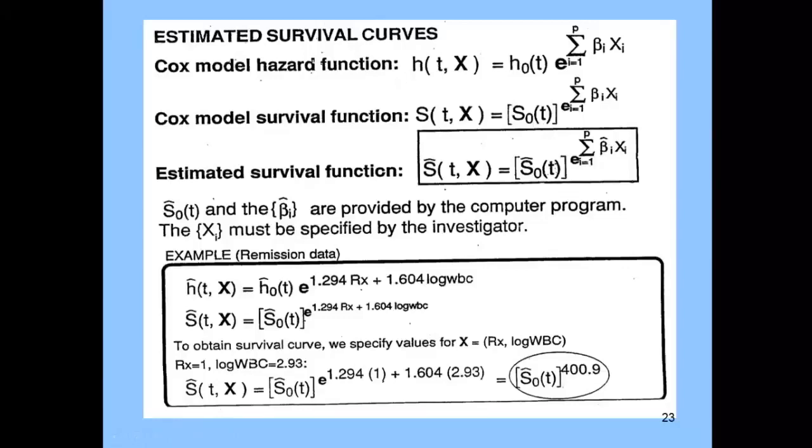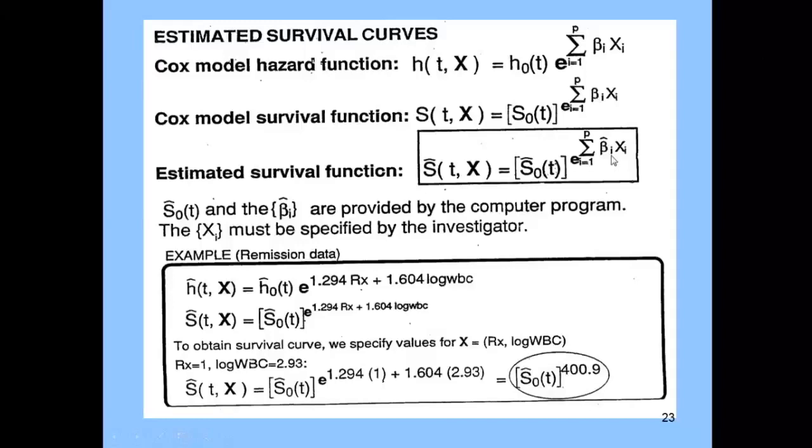Now we're not done yet because that's the general formula. Now if you have data and you have a program that fits the hazard function, the program is going to give you estimates of the betas. So you can get beta hats. Okay?